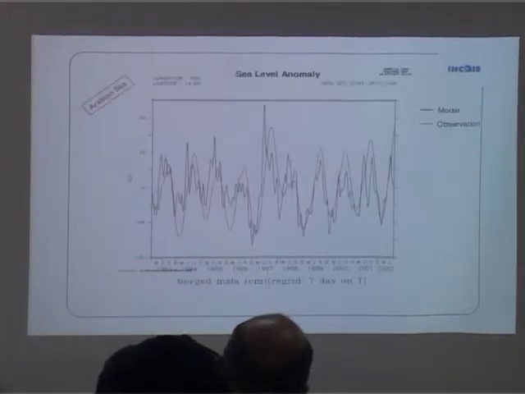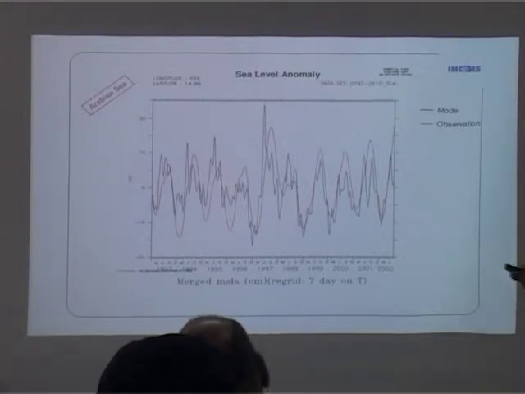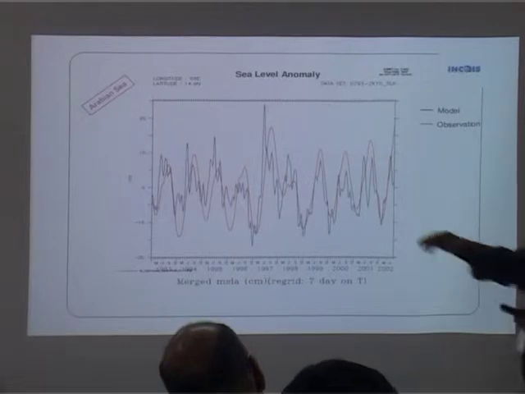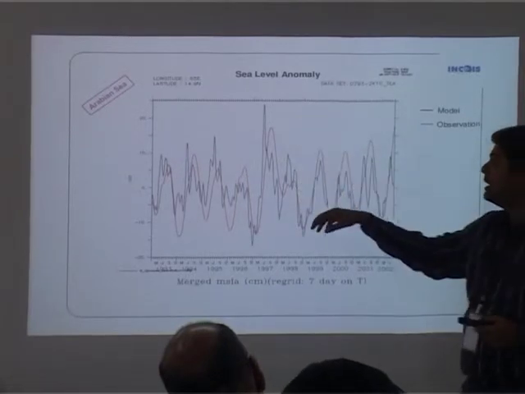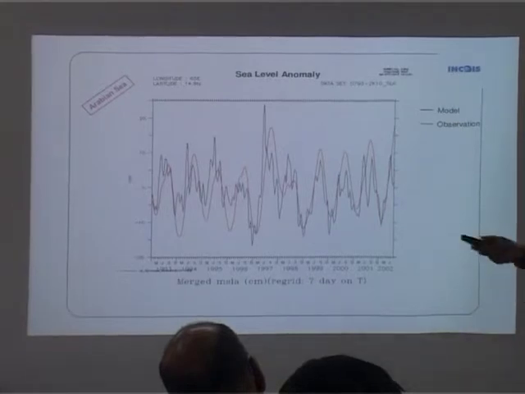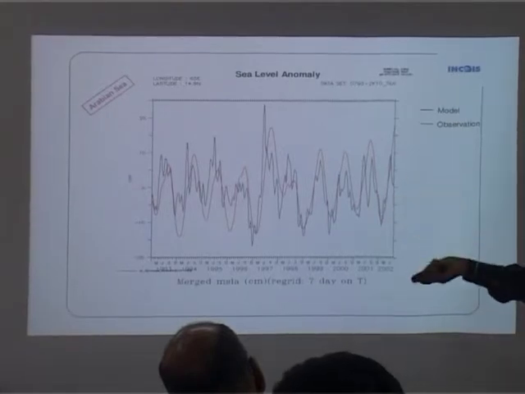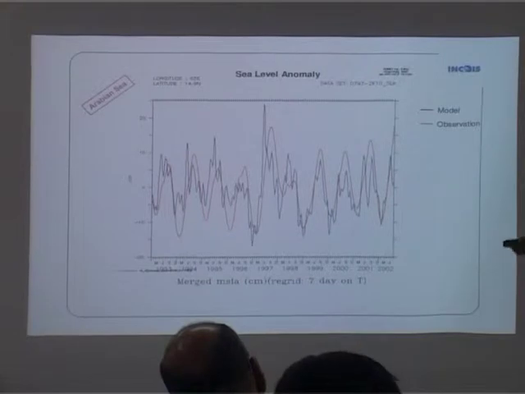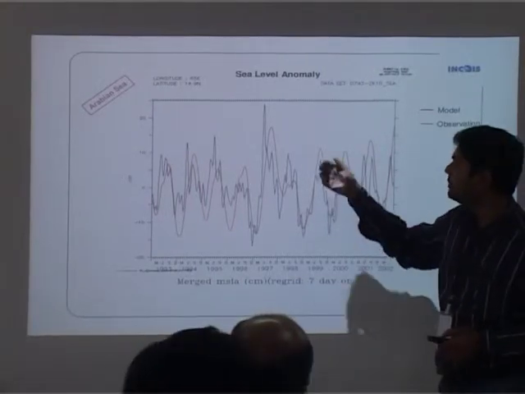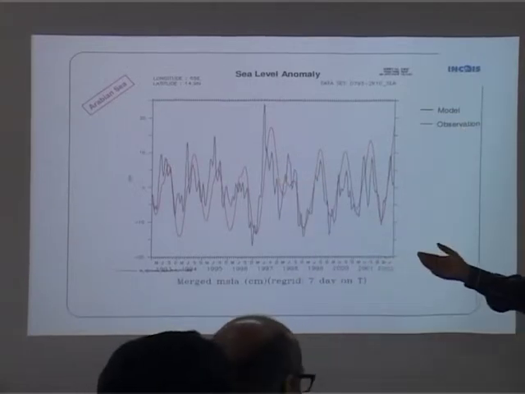Fine. So this is how the model performs before we assimilate anything. If you just run the model, this is the plot of sea level anomaly in the Arabian Sea region. The red one is the model and the black is the observation. The model being coarse, you can see that you do not resolve all the variabilities.